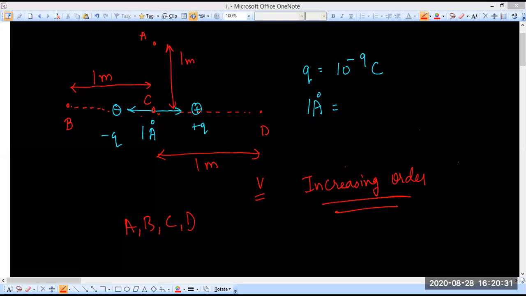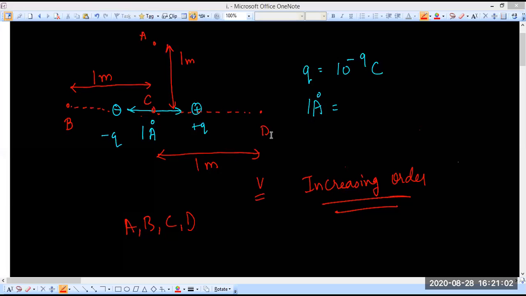Okay, let me do it. A then B equal to D and then C. No. VA equal to VC. That is correct. Well done. VA is equal to VC. C greater than D. No. B less than C less than A less than D. No. K, you got the right answer.